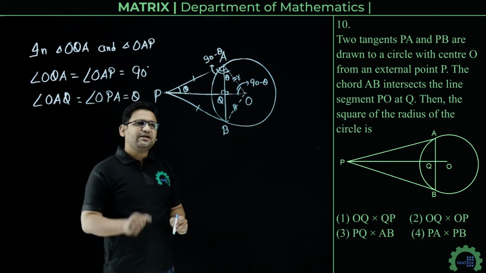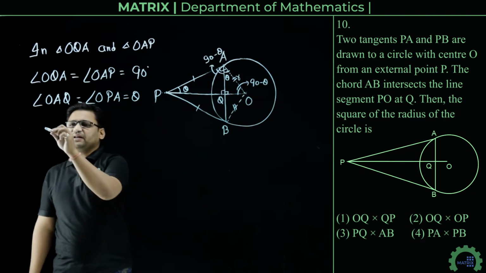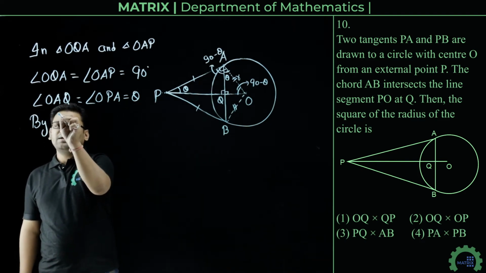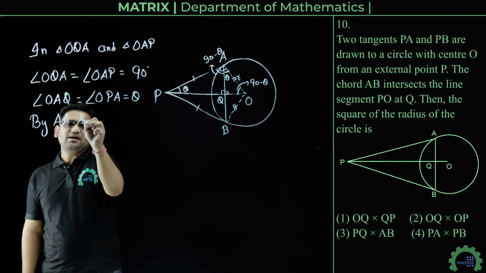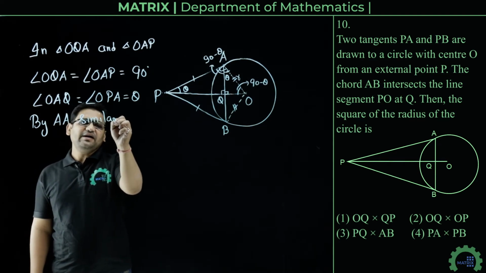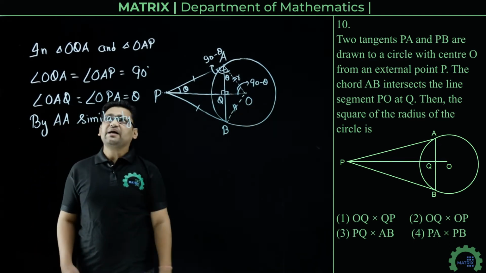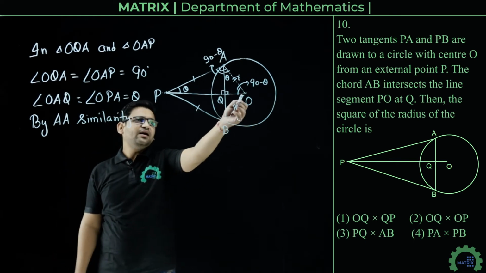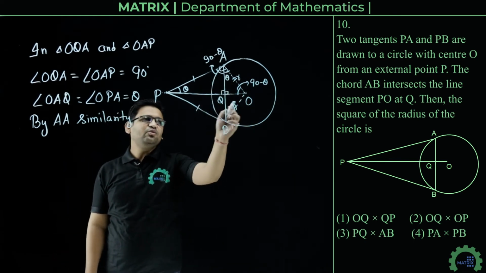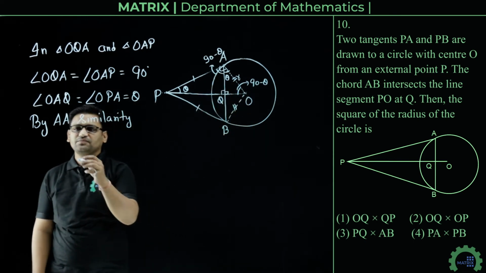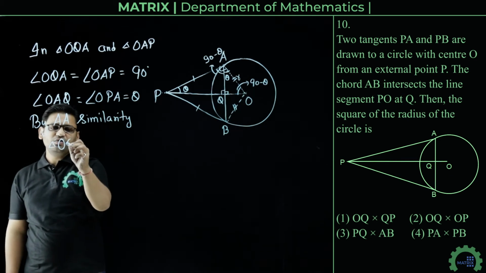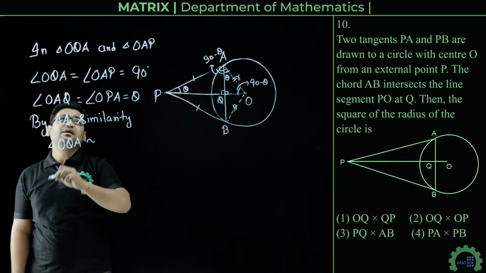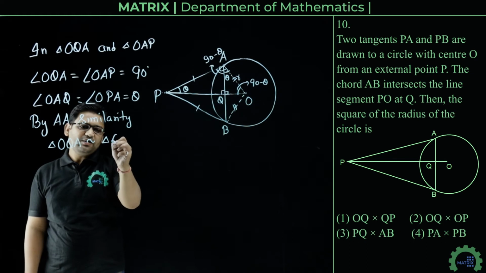So these two angles are theta. Now by AA similarity criteria, we can write that triangle OQA is similar to triangle OAP.